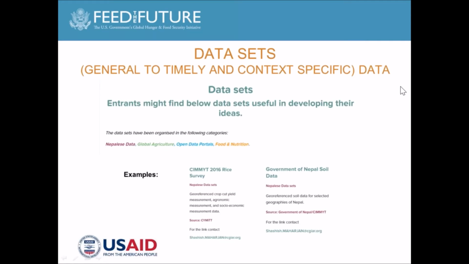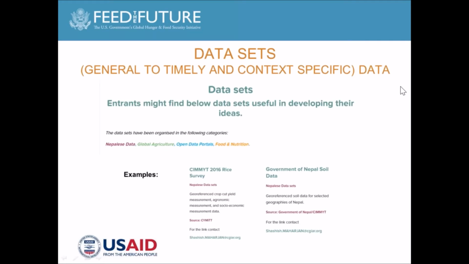Some examples of the data that CIMMYT has: we regularly conduct large surveys. These surveys are a mixture of crop cuts. For instance, in 2016, we did a major rice crop cut survey that's all georeferenced. We're in the process of initiating another one for wheat.